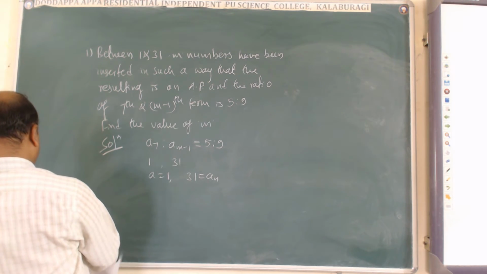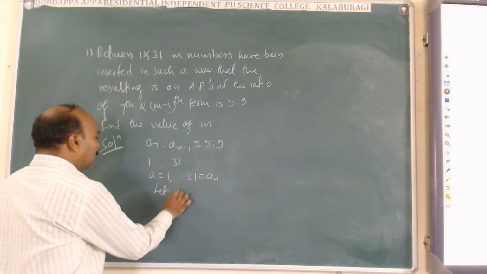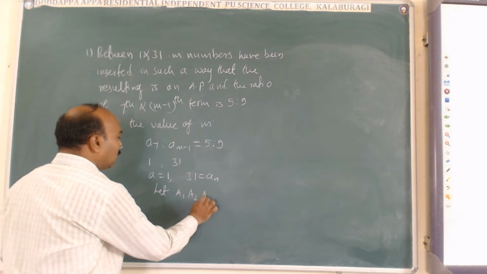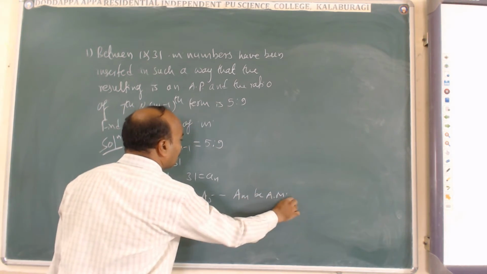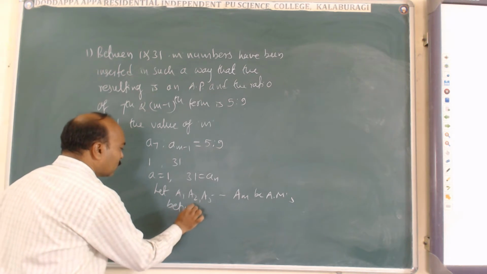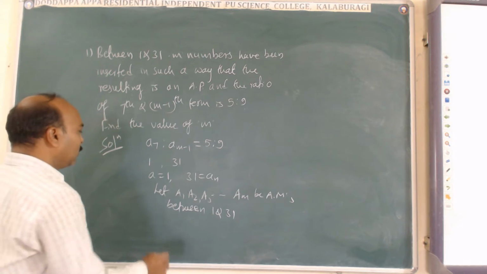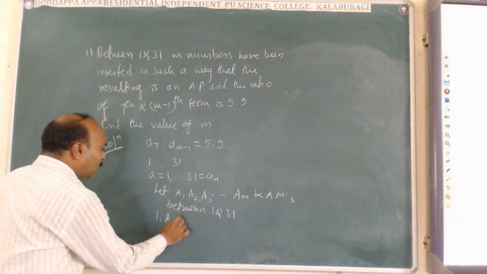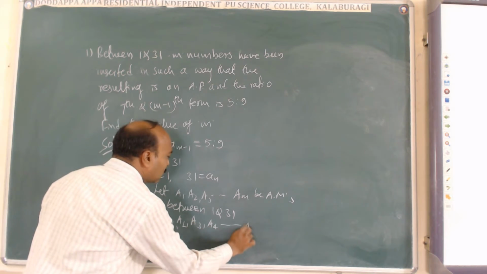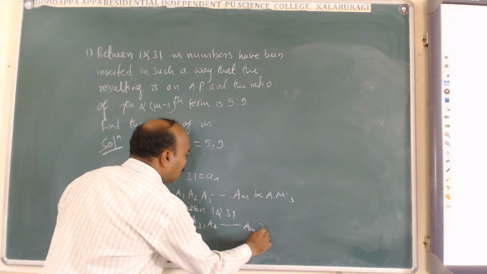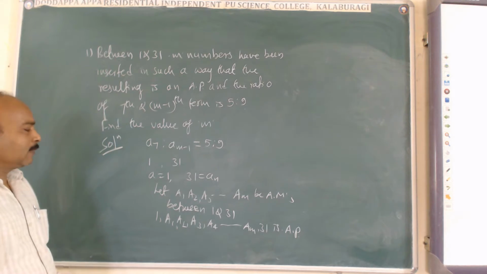We consider a1, a2, a3, up to am as the arithmetic means between 1 and 31. Therefore 1, a1, a2, a3, a4, up to am, 31 becomes an arithmetic progression.